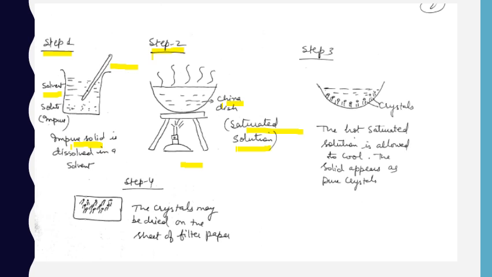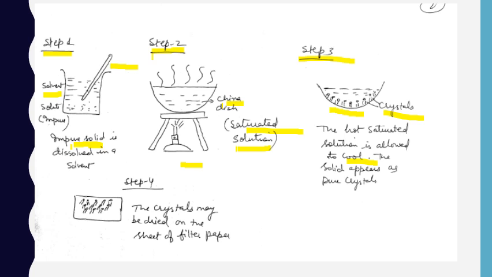Then step 3 involves allowing this china dish to cool. When you cool down the solution, you are able to see on the walls of the china dish that crystals begin to form.